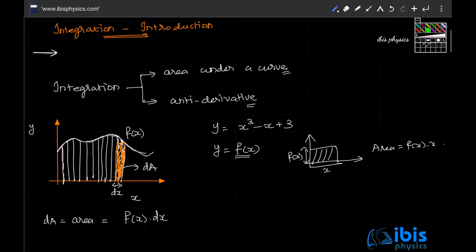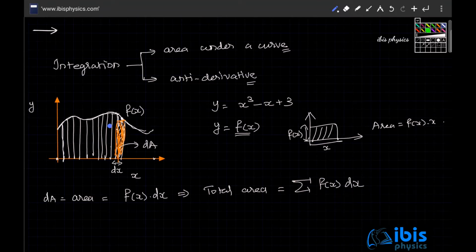So base into height. But to find the total area, you have to find the area of each rectangle and add it. So the total area is equal to the summation of f of x dx, starting from here to here. Suppose there are n number of rectangles from here to here, you are going to sum f of x dx from 1 to n.